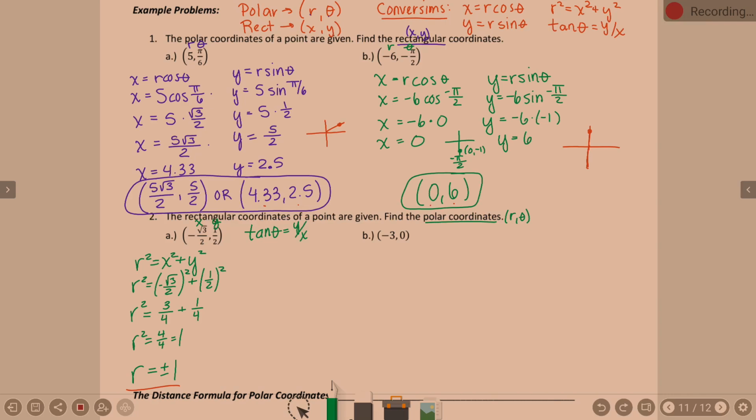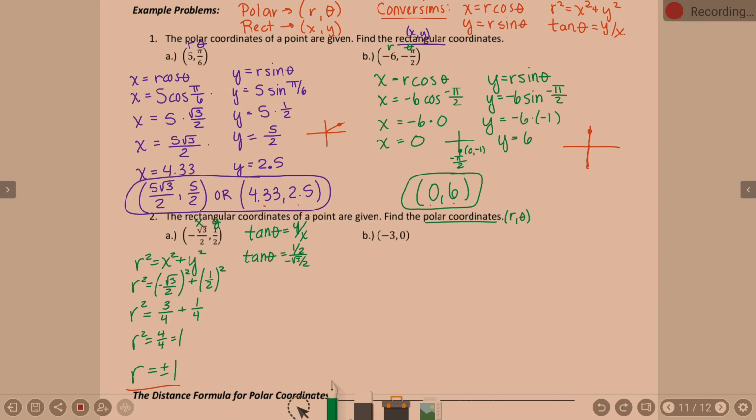So, tangent of theta equals 1/2 over negative square root of 3 over 2. Yes?